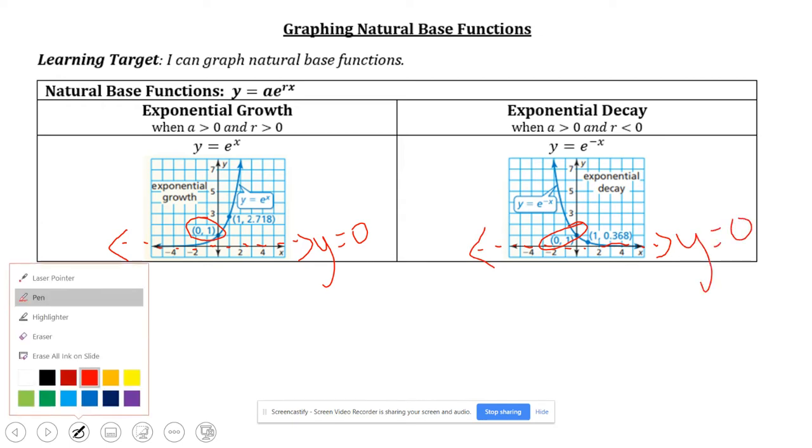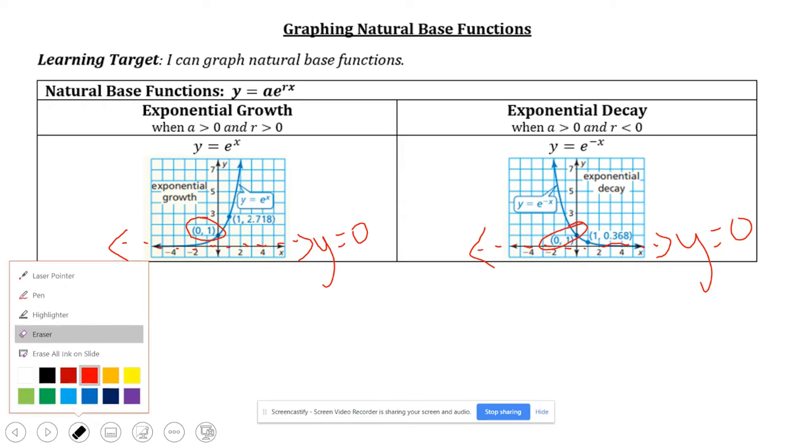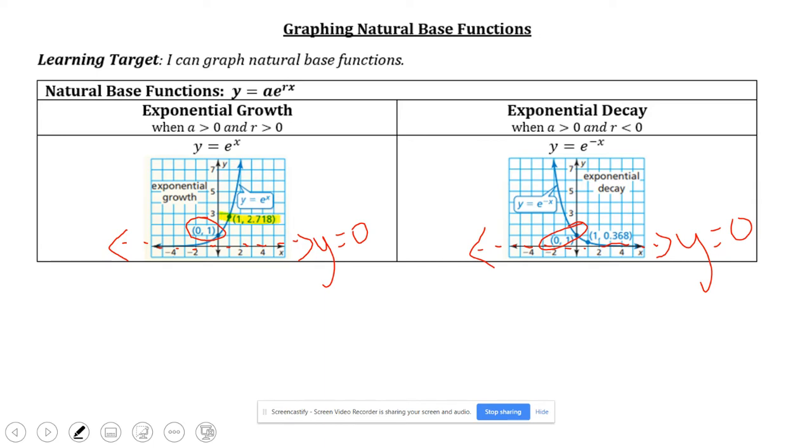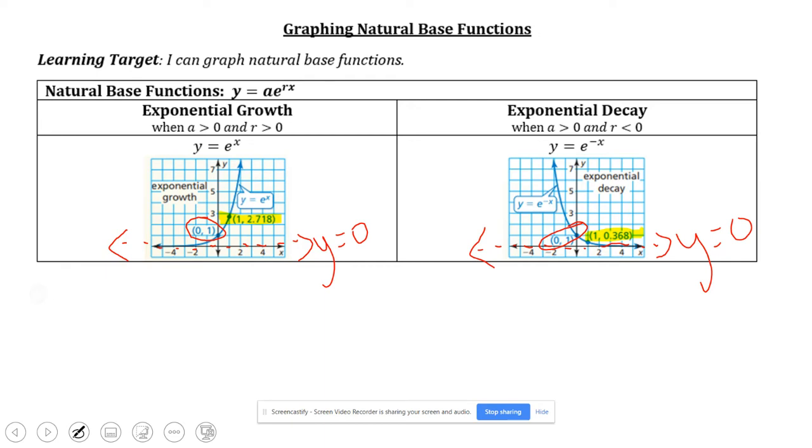And then they still have the point here and here of 1 comma your base, which your base is e. And then this is 1, e to the negative first because we're decaying.